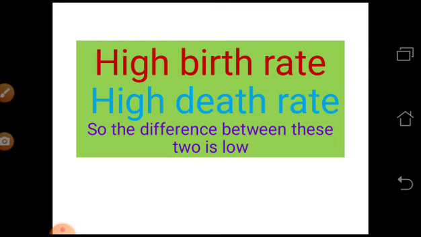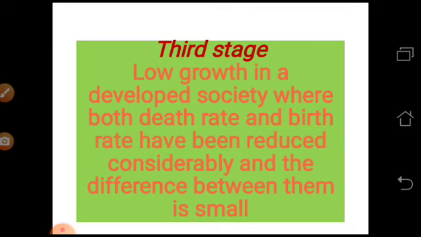So there will be very low population growth, or sometimes a little difference may be seen, like maybe 30 birth and 31 death, or in some years 31 birth and 30 death. So like this there will be very low population growth, and that is why the difference between the birth and death rate will be very low. So population growth will also be low in this first stage.